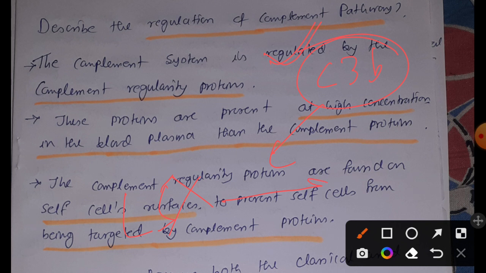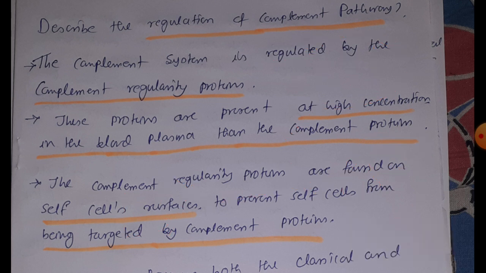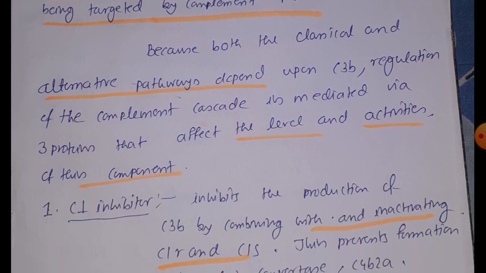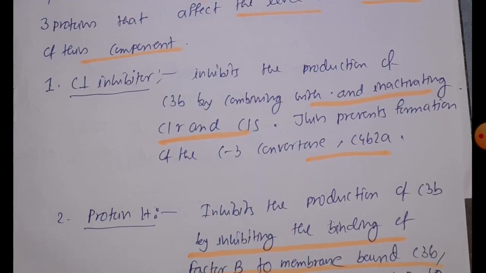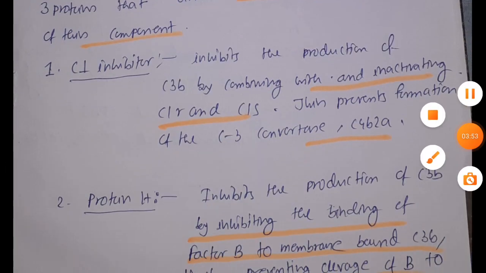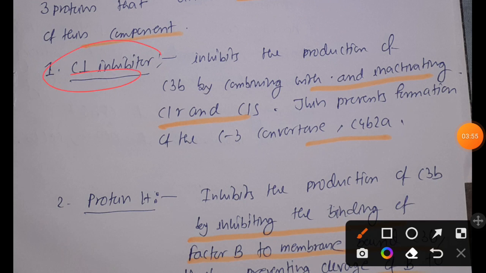And if C5 convertase does not form, there will be no formation of C5b. And if C5b is not formed, the terminal pathway cannot start, right? And that is the idea. So most complement regulatory proteins focus on preventing or regulating the formation of C3b.